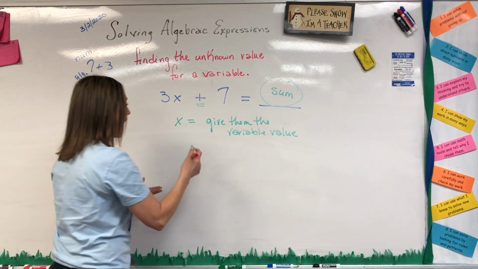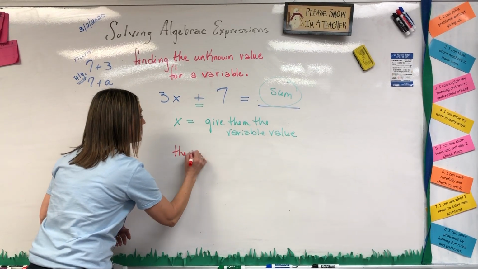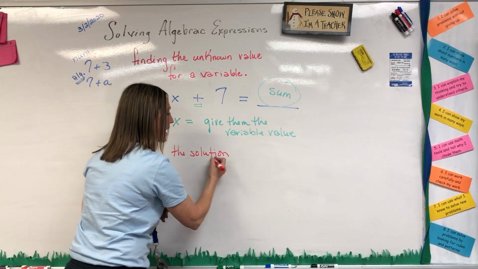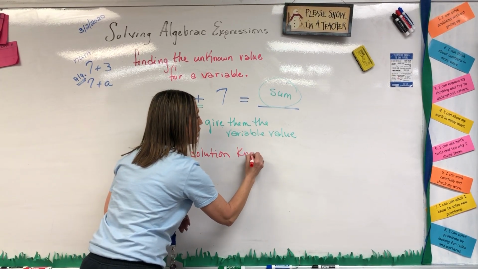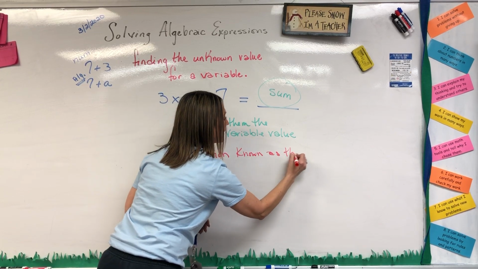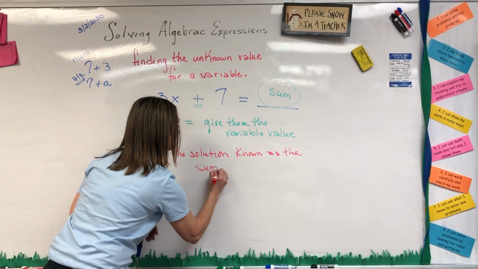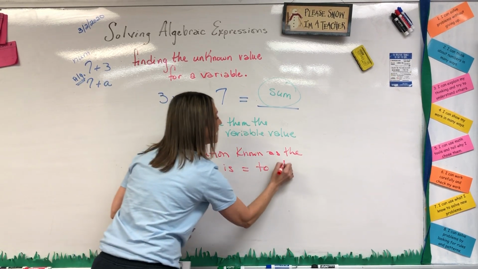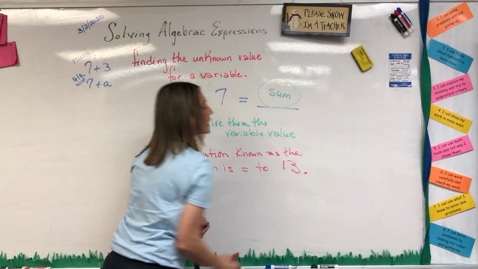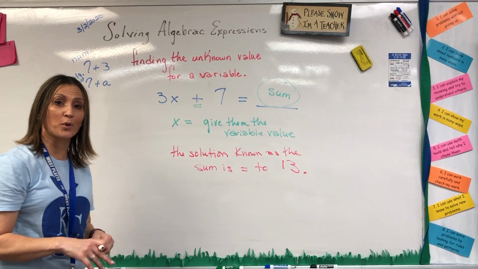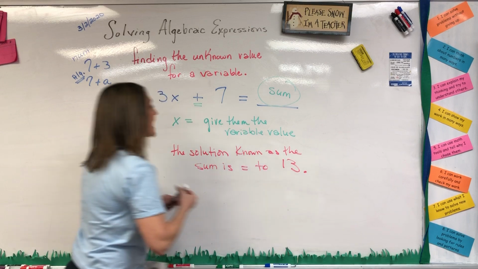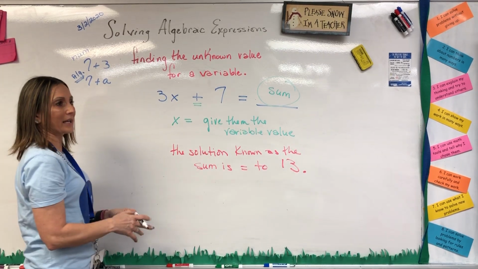So in this instance, if I said the solution, which is known as the sum, is equal to 13, then the students could also solve the problem. I'm going to show you those 2 ways. I said in the beginning, I'm going to give them x.